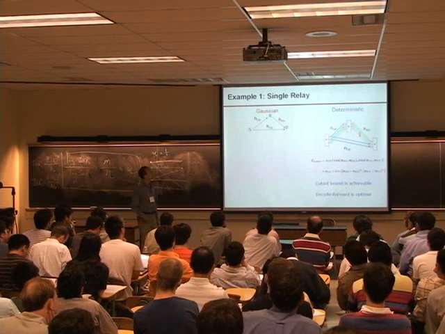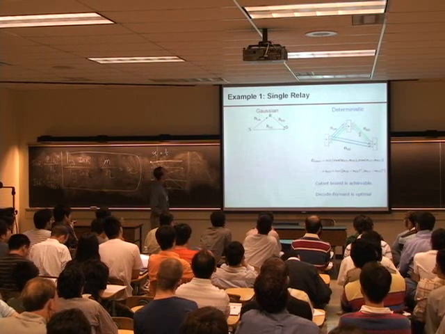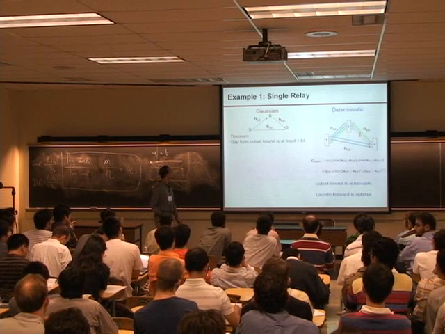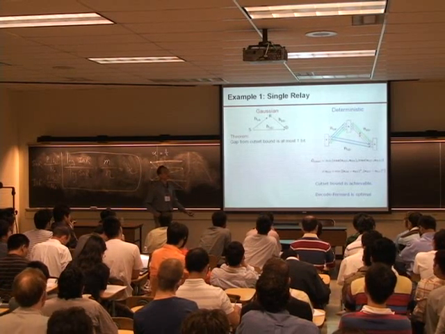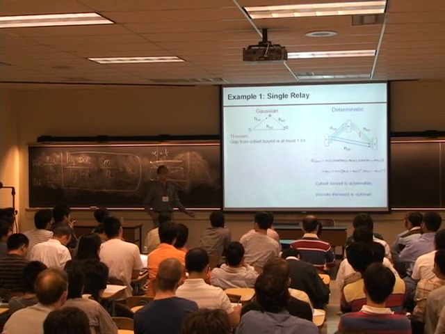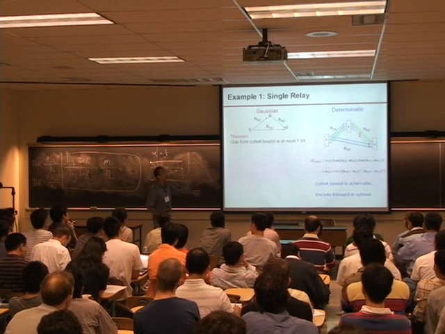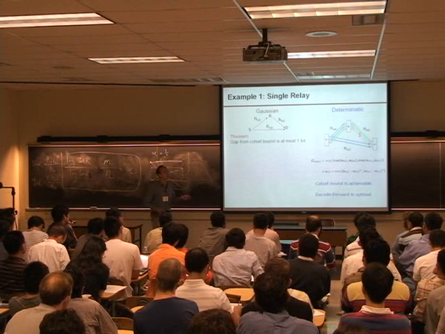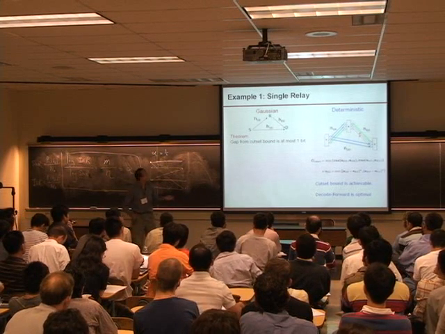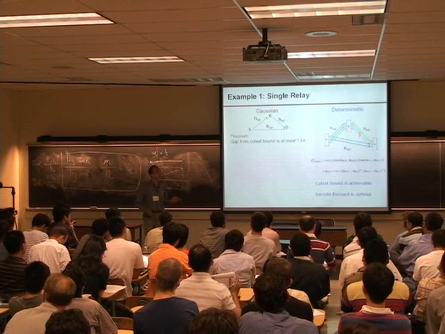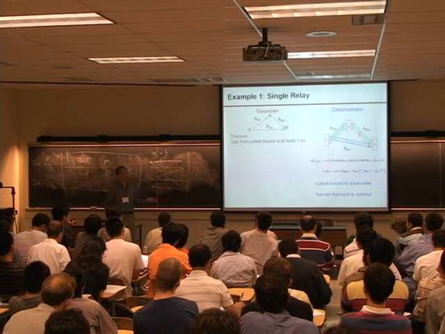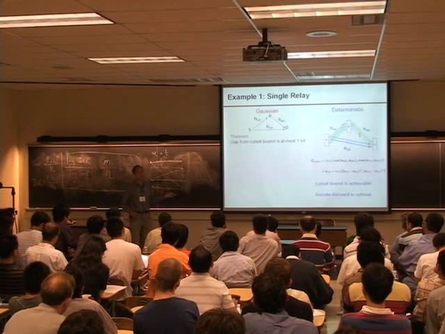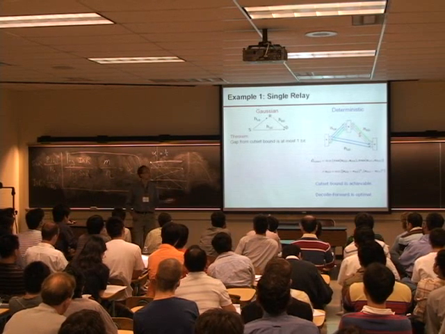So this suggests, why don't we use decode-forward on this channel and see what the gap is. Now, this gap is not an earth-shaking calculation, because the cutset bound is already there. Decode-forward you can explicitly compute, so it's just a matter of algebra. But what is interesting, which I don't know anyone has observed, and it's not that difficult, is that the gap is actually a constant gap, at most 1 bit.